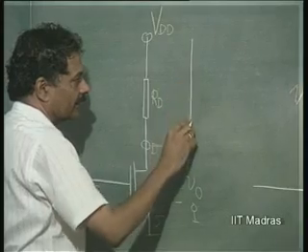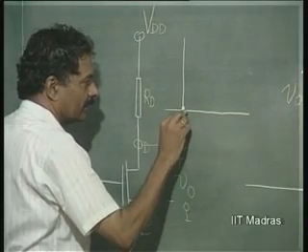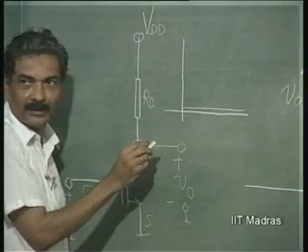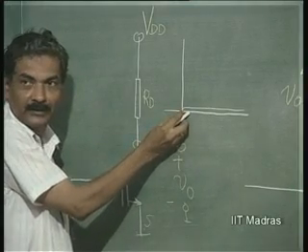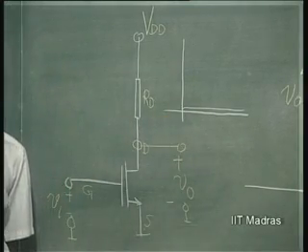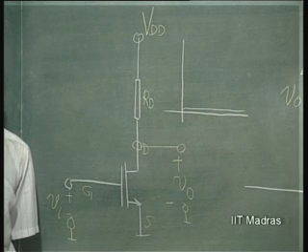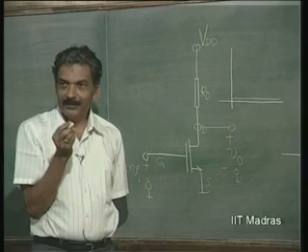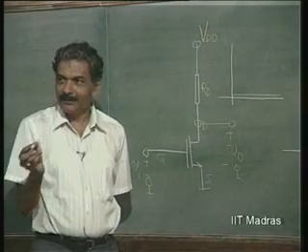Primarily, in the characteristic curve, you will see that this is the current saturation region. When Vi is just equal to Vt, the point at which the current saturation region is reached is Vds equal to Vi minus Vt itself, which is very nearly 0.